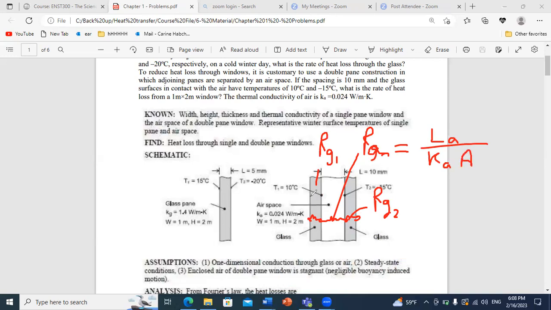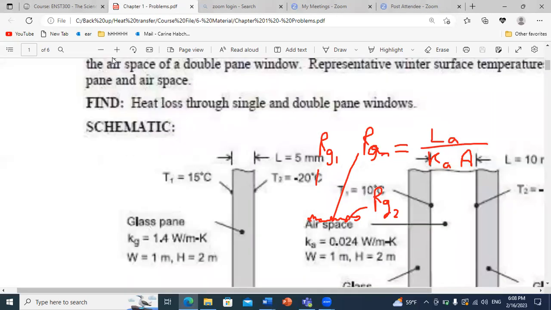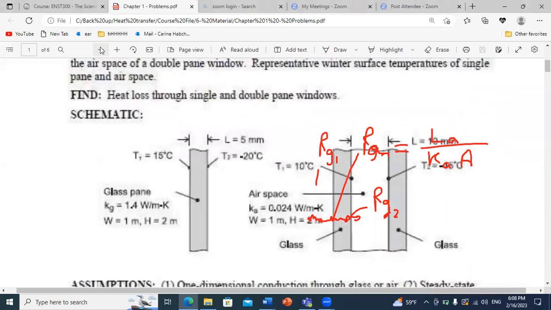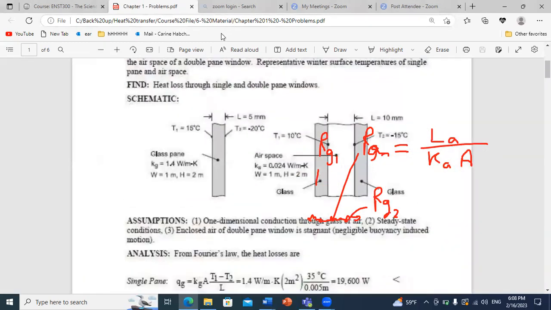Now, by analogy, instead of voltage we need to determine delta T, or relate delta T to the conduction flux. We can say that the conduction flux is similar to intensity in an electrical circuit. Since we want to solve for Q conduction, Q conduction is delta T between the two extremities, which is equivalent to the difference in voltage between these 2 points in the electrical circuit.